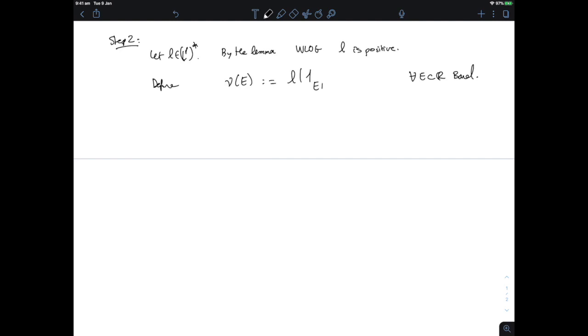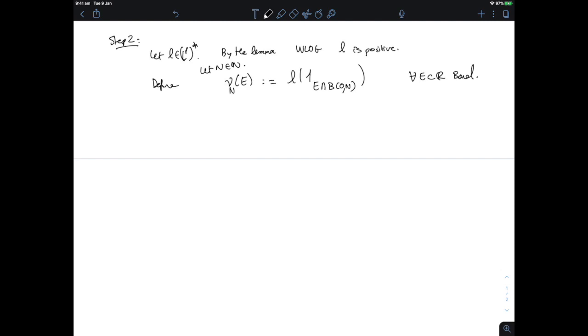I need to be in a bounded set to make this work. So I'm going to intersect that with the ball centered at the origin with radius N, for some N a natural number, and eventually we'll send that N to infinity. So right now we're going to restrict our attention to functions which are supported in a ball of radius capital N, and eventually we'll need to send capital N to infinity.